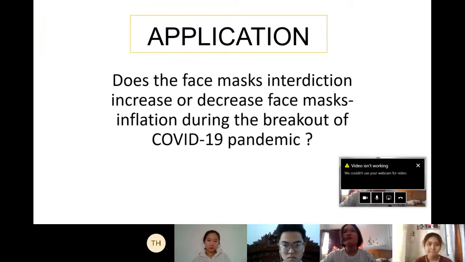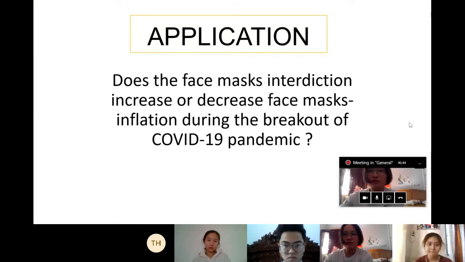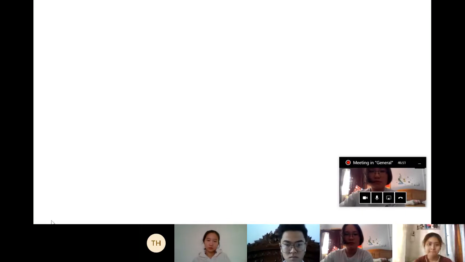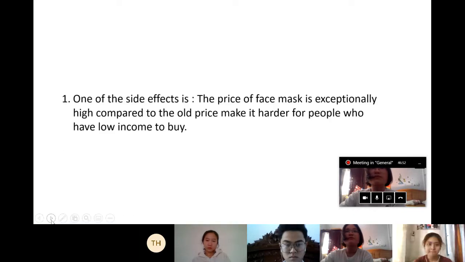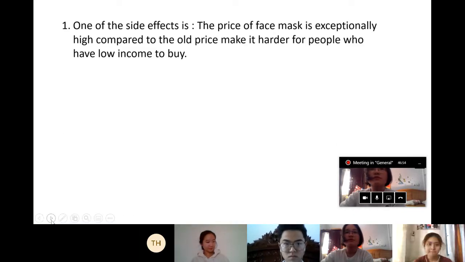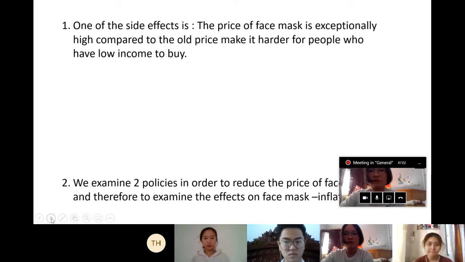Does the face mask interdiction increase or decrease face mask inflation during the outbreak of the COVID-19 pandemic? One of the side effects is that the price of face masks is exceptionally high compared to the old price, which makes it harder for people who have low income to buy it.